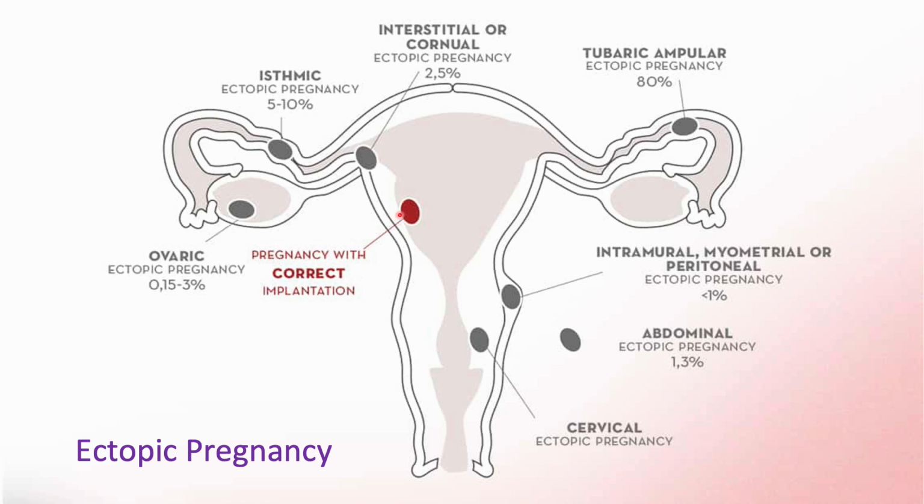Again, the uterus is supposed to be the correct spot of implantation, but if it happens within the fallopian tube, if it happens within the ovary, if it happens outside of the ovary, fallopian tube or uterus and is in the abdominal cavity, this is also known as an ectopic pregnancy. Rarely, you can also have an ectopic pregnancy that is implanted too deep within the uterine wall, not within the endometrium, but within the myometrium or the musculature layer. So again, ectopic pregnancy refers to any pregnancy where implantation occurs outside of its normal location within the uterus.